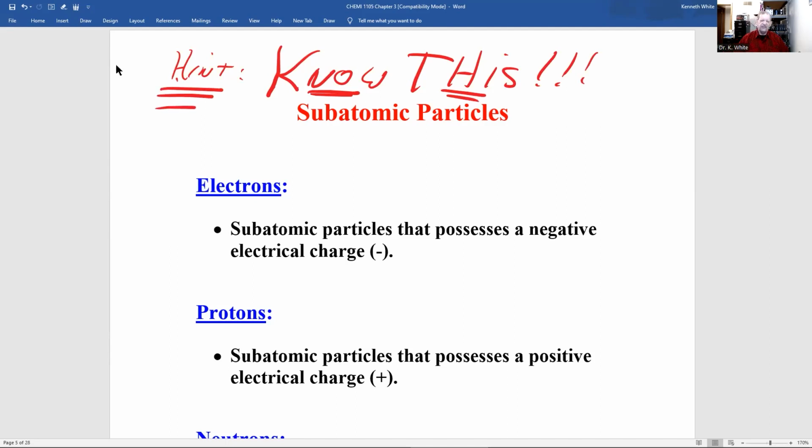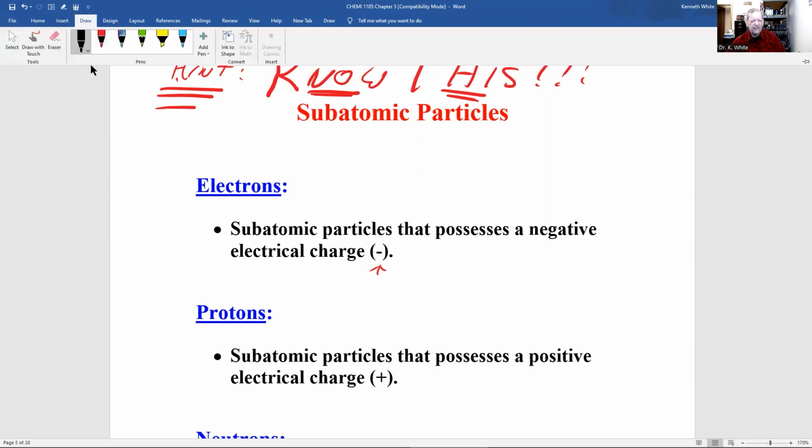Hey, know this. What are the subatomic particles? The first one is the electron. The electron is a subatomic particle that possesses a negative electrical charge, which we indicate by this.